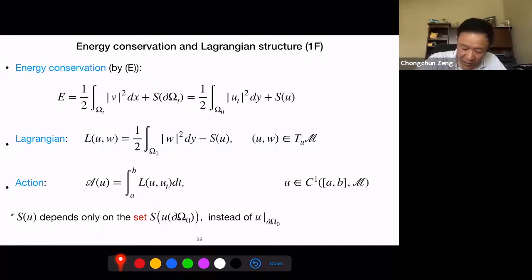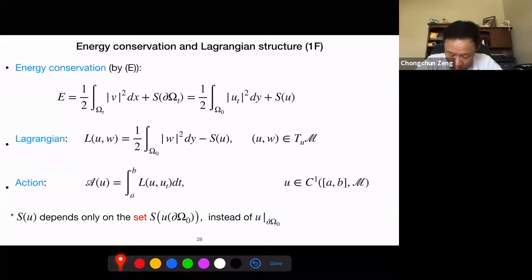So this is computed in the Eulerian coordinate. In the Lagrangian coordinate, the velocity squared is the same as the time derivative of the Lagrangian map squared, because the coordinate change from the Lagrangian to the Eulerian is volume preserving, so there is no change in the volume element. So this is the kinetic energy. And the potential energy now becomes a functional depending on the configuration map, the Lagrangian map.